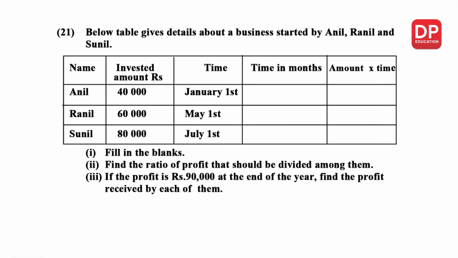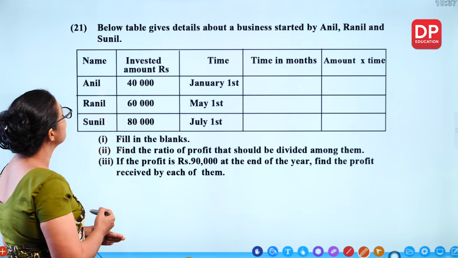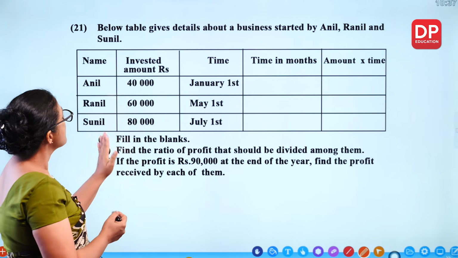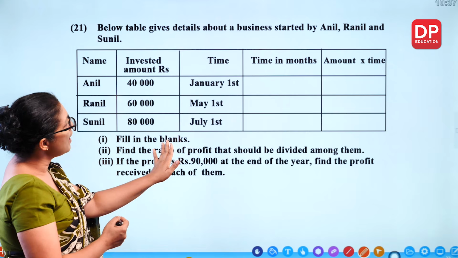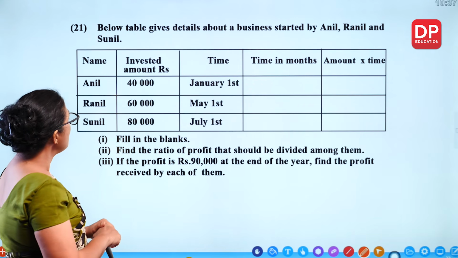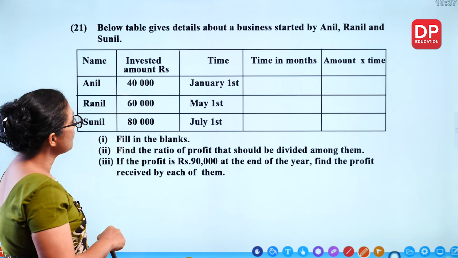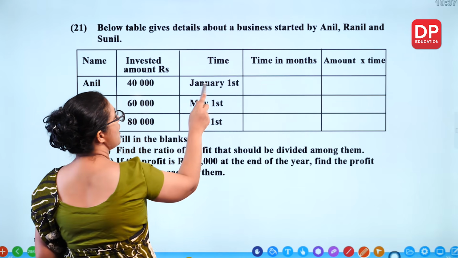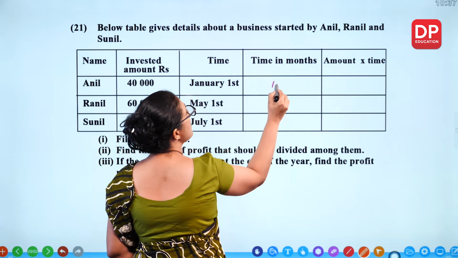Below table gives details about a business started by Anil, Ranil and Sunil. So the invested amount is given, time in months and amount into time. Fill in the blanks. How you find out the time? January 1st. So 12 months.